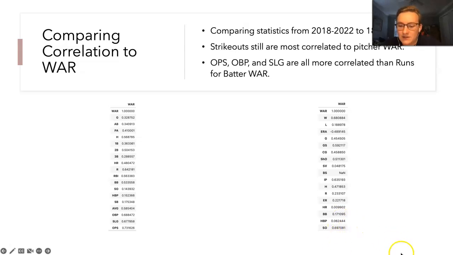And as you can see by the numbers, strikeouts just edge it out, 69.71%, and wins were not that far behind, 68.09% correlated to WAR with wins, which I thought was very interesting. It seemed like strikeouts were definitely the clear favorite. And so the more strikeouts you have, the better chance of having a higher WAR as a MLB pitcher.